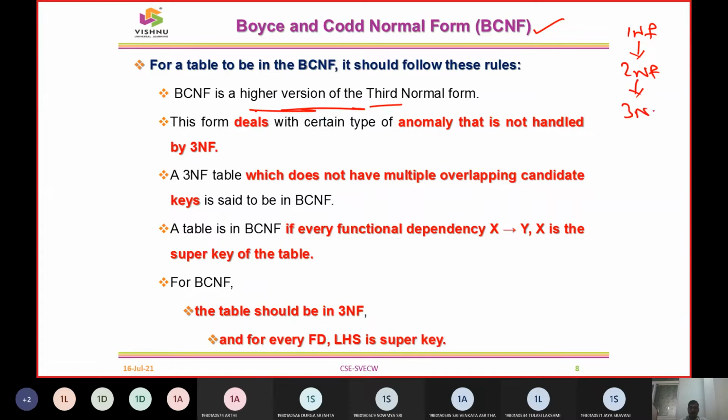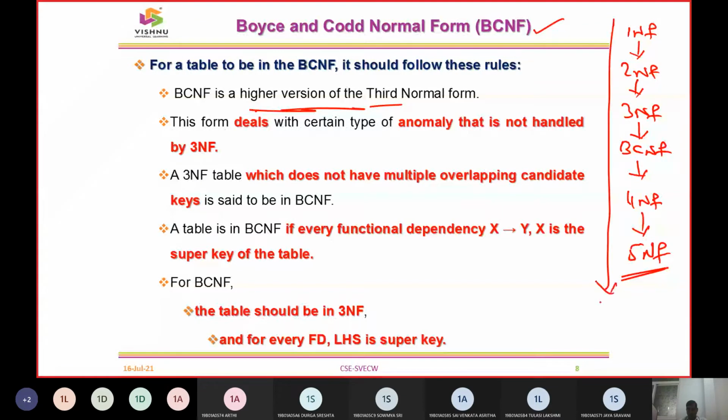Then we have the third normal form. After that, we have the Boyce-Codd normal form. After BCNF, we have the fourth normal form, and finally we end up with the fifth normal form. So this was the hierarchy we have to practice. After third normal form, we do have this next higher version, that is the Boyce-Codd normal form.